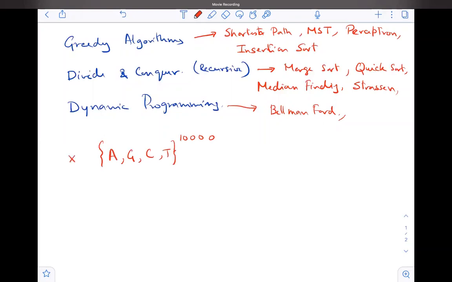So a sequence is nothing but a big word comprising a certain number of symbols. Say I have A, G, G, C, T, T, G, C, A, T, G, C, and so on. That can be a sequence.